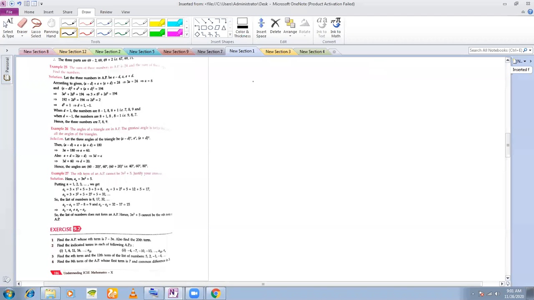Now you have already seen till now that the common difference D is given by an, the nth term, minus an minus 1.